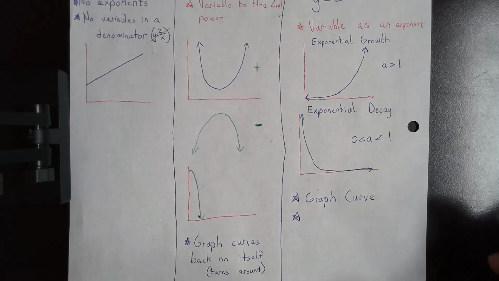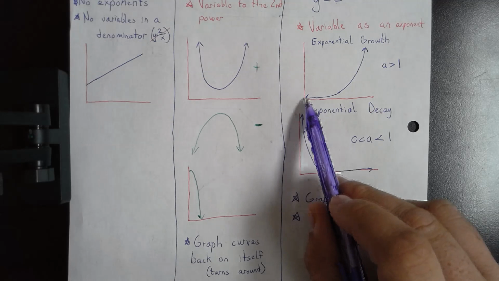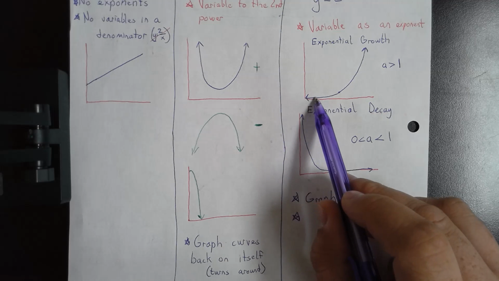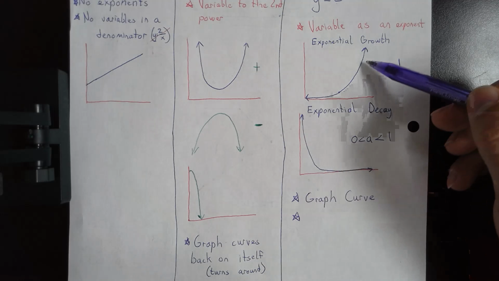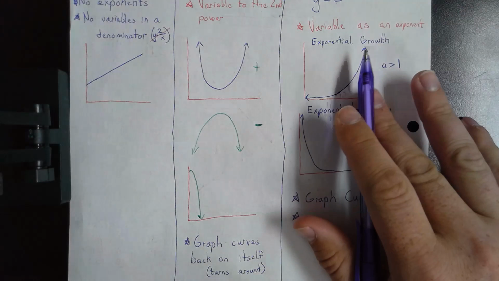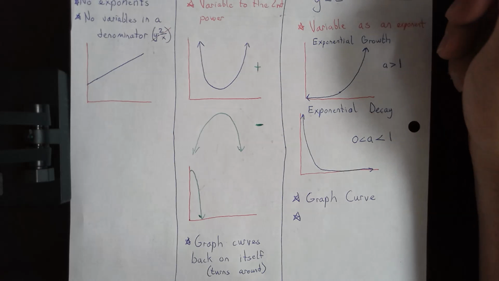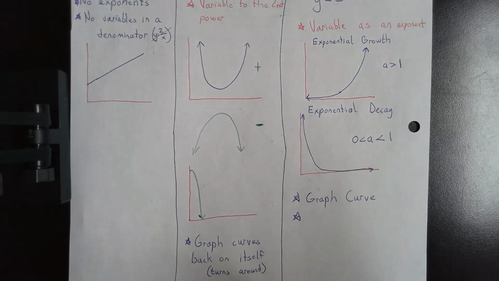Okay. With our exponential growth, we're starting out slow and then getting it going up real quick. We're never going to get straight up and down. We're still always going to be moving a little bit, but eventually way up here it's going to look almost straight up and down. Okay?